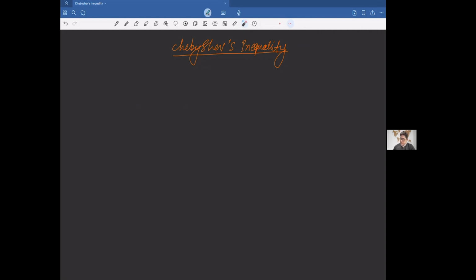Now, here I am writing the formulation. So, if x is a random variable with finite mean, which is mu, and non-zero and finite standard deviation, which is sigma, and I don't know the distribution.